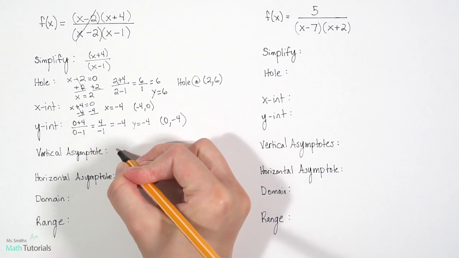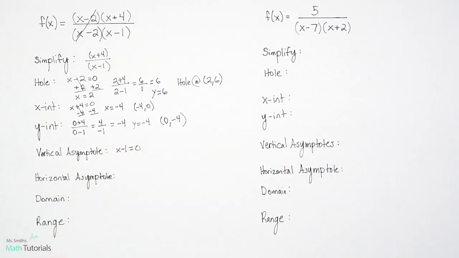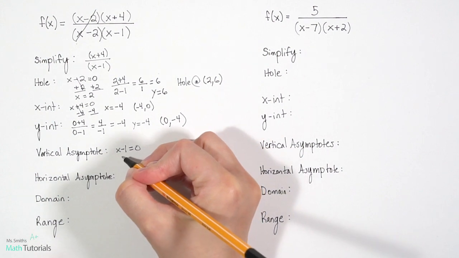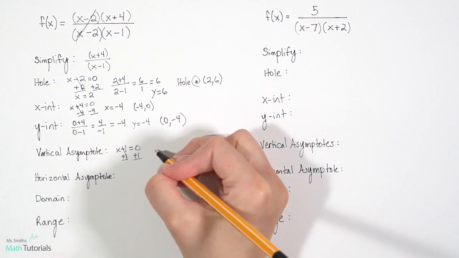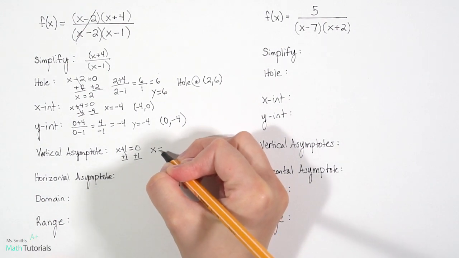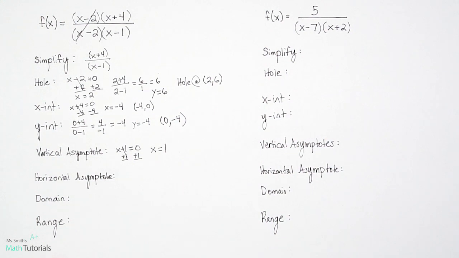So all you do is you put x minus 1, set it equal to 0, and then solve. So again, this is just a one-step equation. We just want to add 1 to both sides, and we end up with x equals positive 1, because 0 plus 1 is just 1. So that tells us we have a vertical asymptote at x equals 1.